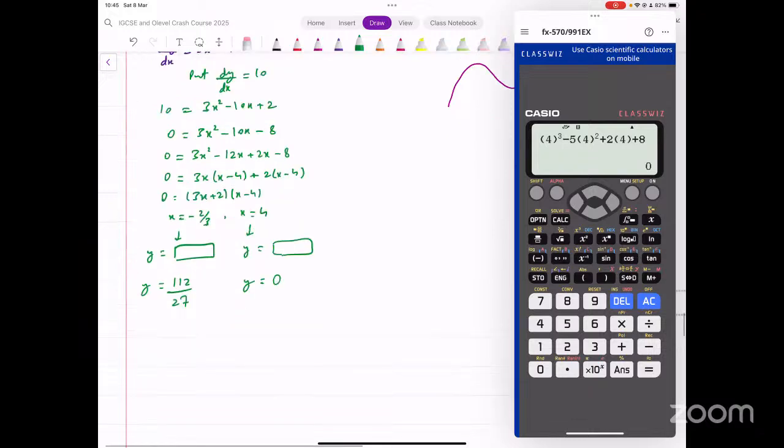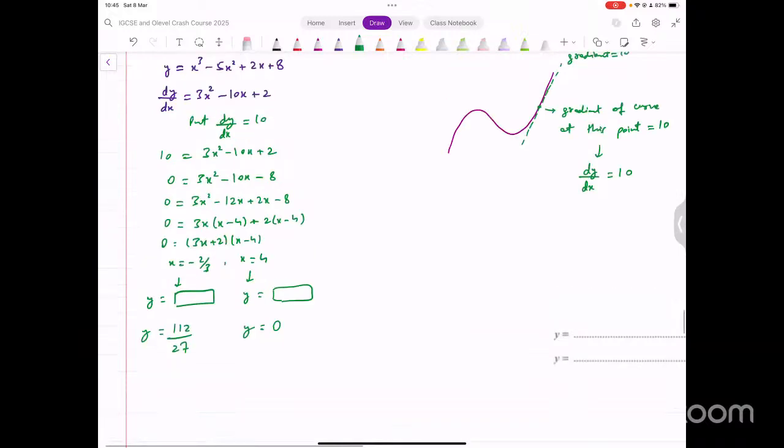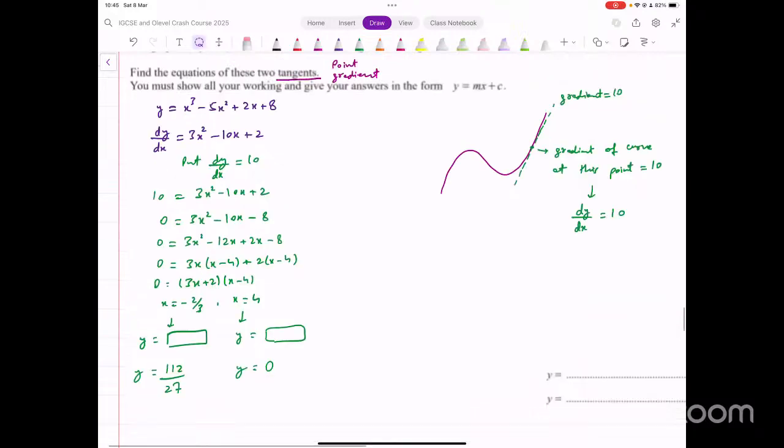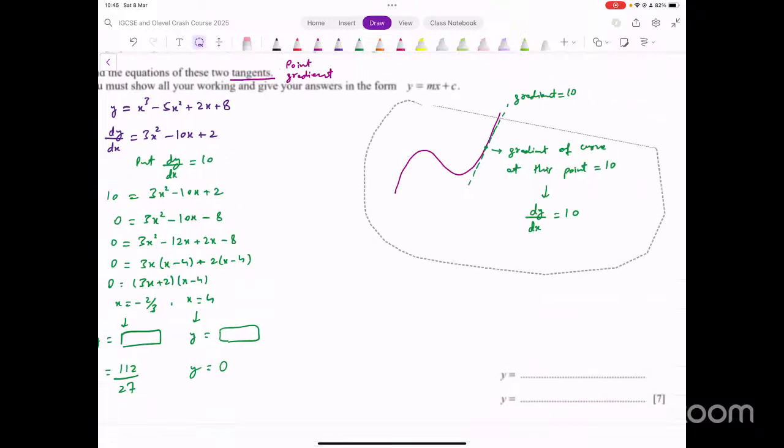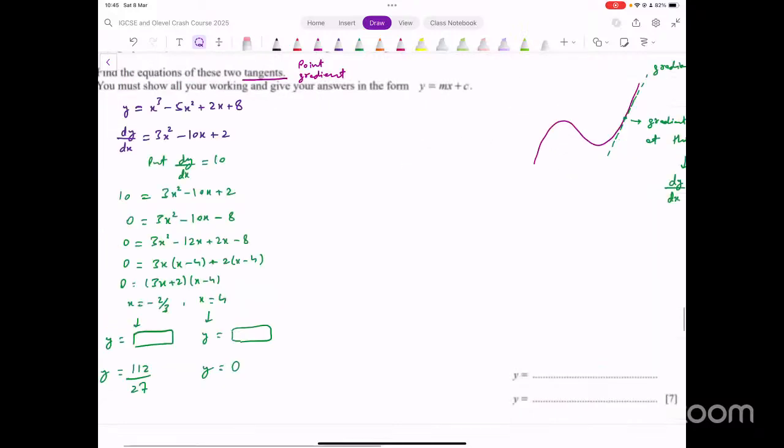So now we've got 2 points. One point at which we're finding the tangent is when x is equal to minus 2 over 3. Let me write down those 2 points here. So number 1 is the point minus 2 over 3 and 112 over 27.